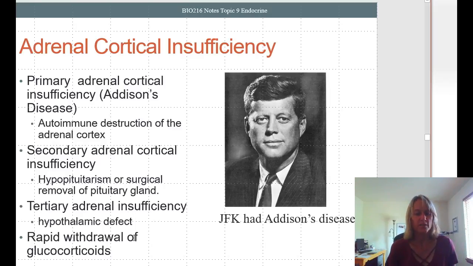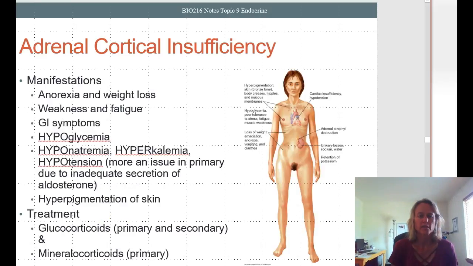So if a person is on long-term treatment with corticosteroids, you want to taper the dose so that their blood levels of ACTH come back up and start stimulating their adrenal cortex to grow by hypertrophy and hyperplasia and produce more hormones again. Okay, so let's look at the manifestations.